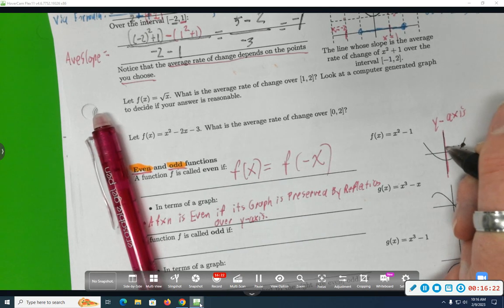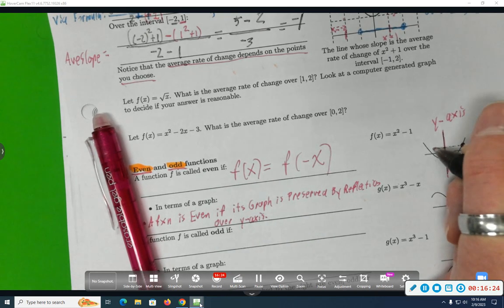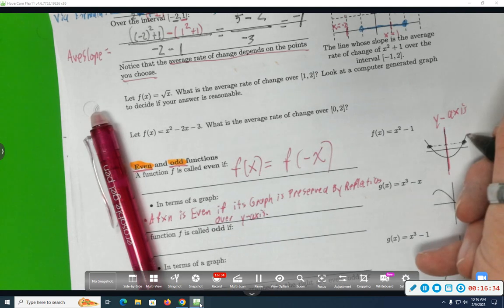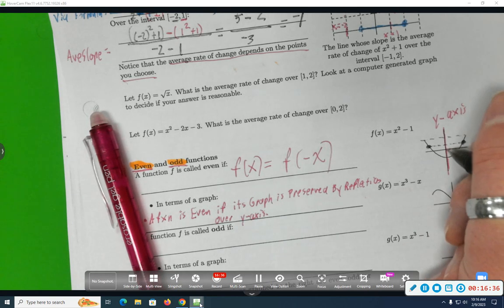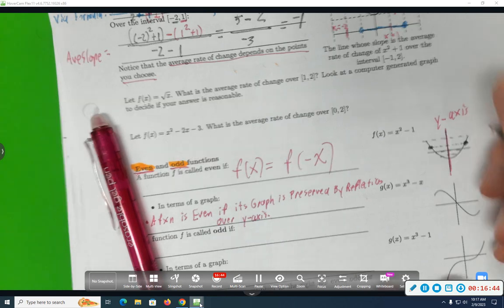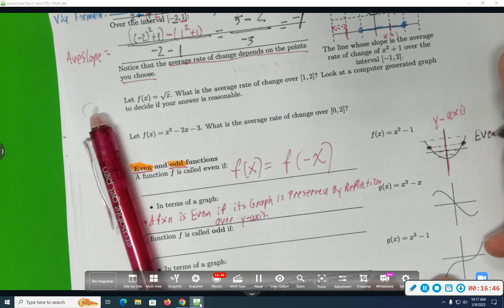It gets to the pink line, and now it has to travel the same distance the other direction. Is the new point still on the graph? Yeah. Let's check some more. You keep on reflecting points. Does it look like this graph is preserved by reflection over the y-axis? I would then call this an even function.